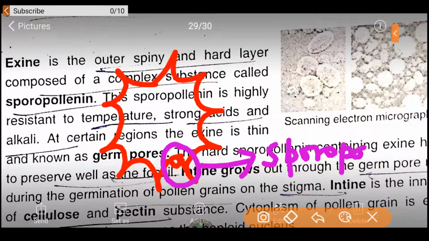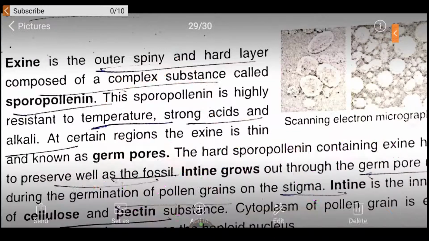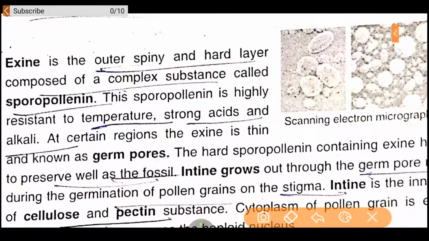This hard covering, sporopollenin, is missing. So this pore is called the germ pore. At certain regions, the exine is thin and known as germ pores, where sporopollenin is absent.